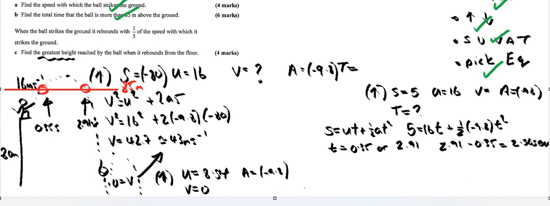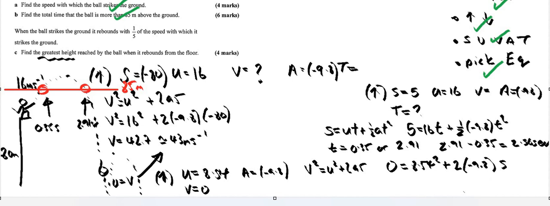All I have to do is work out what S is. So if I use V squared equals U squared plus 2AS, I want my V to be 0. I want my U to be 8.54 squared. And I have 2 times minus 9.8 times S.